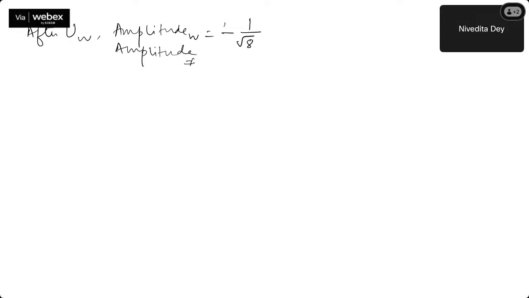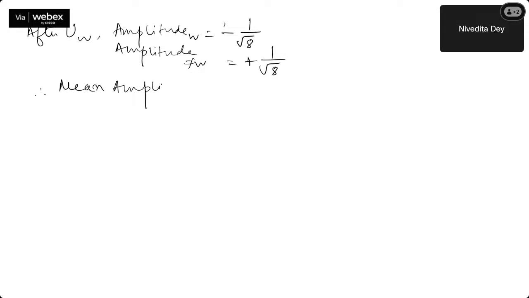So after UW, the amplitude of W is minus 1 by root 8, and the amplitude of anything which is not W is plus 1 by root 8. Let me calculate the mean amplitude. What will be the mean amplitude?